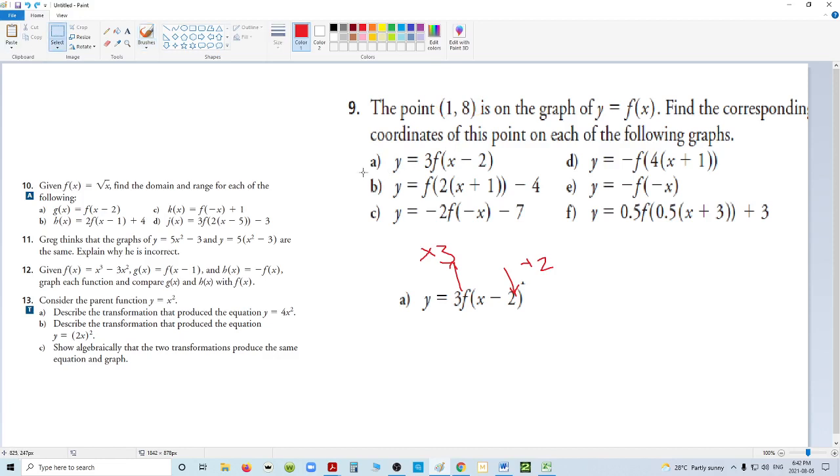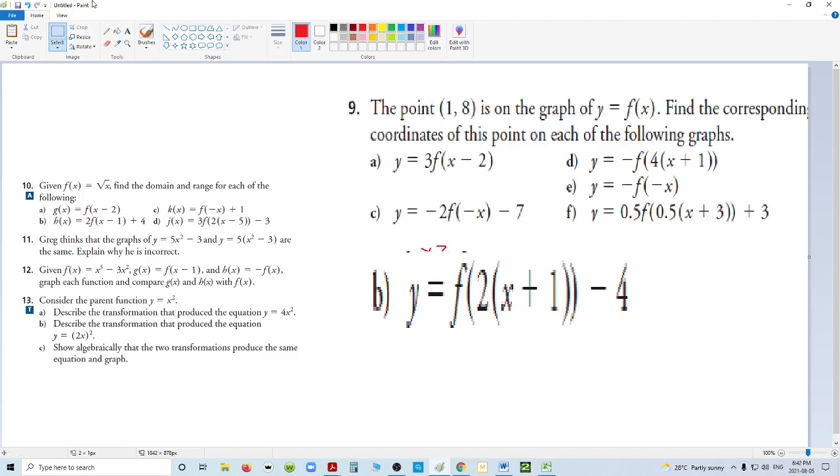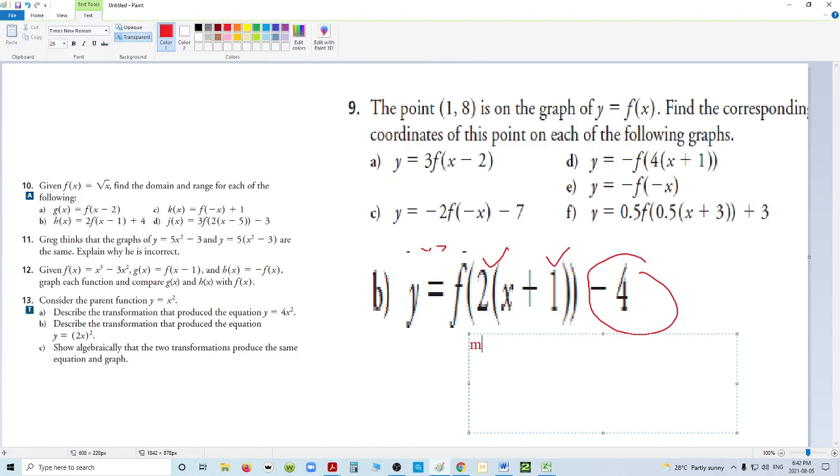Let's go to B. So they just make it more and more complicated as they go. So let's just do it like this now. This is an x, and this is an x, and that's a y. So all my x values get multiplied by 1/2 and subtract 1, the opposite, and all my y values subtract 4.